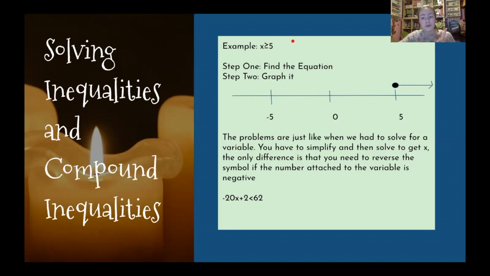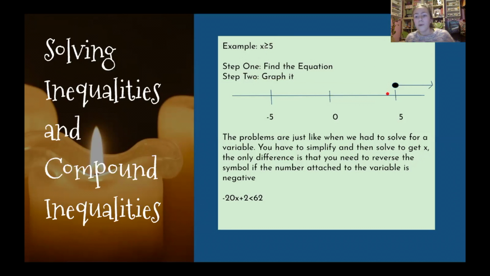Those are a few tips. So basically it's anything greater than or equal to 5, including 5 because of the line under. The answer could be 7, it could be 8, all the way up to positive infinity. And that's how it would be represented on the line.